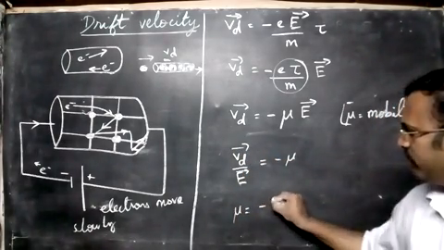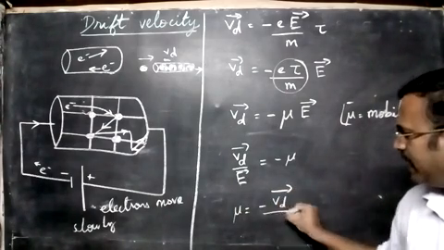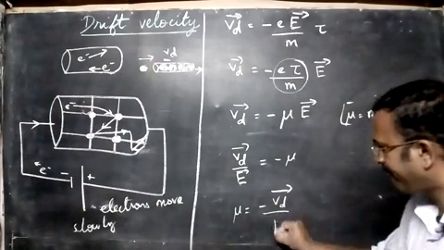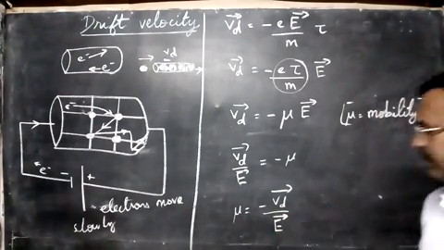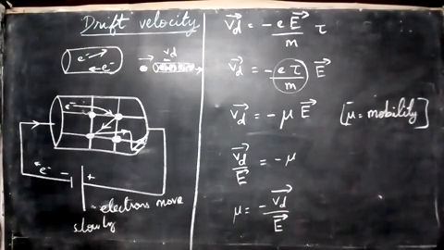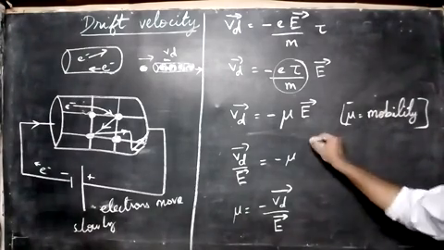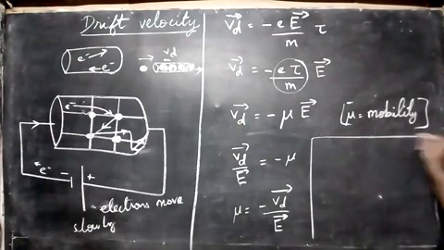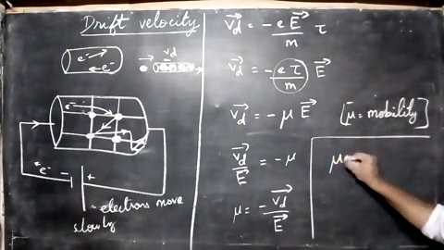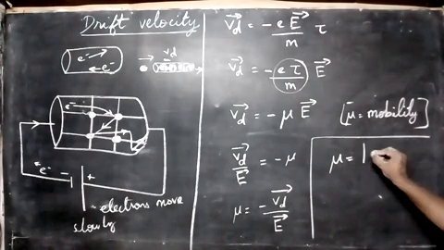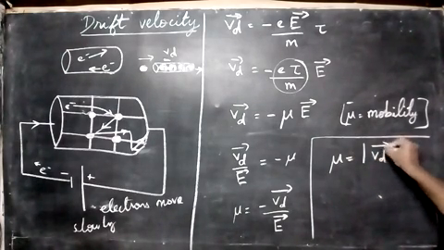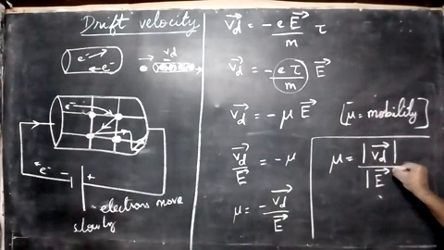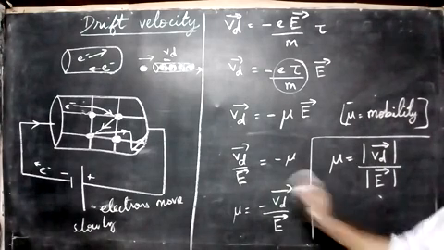Mu is equal to minus of VD vector by electric field E vector. We don't want the minus sign, so we take the modulus here. So mobility mu is equal to modulus of drift velocity VD by modulus of the electric field. We take modulus, so the minus sign will go away.